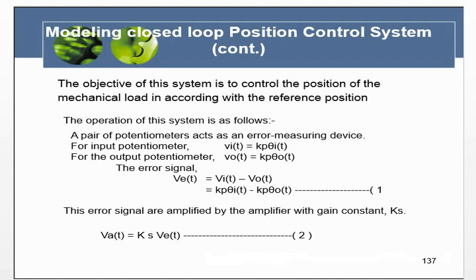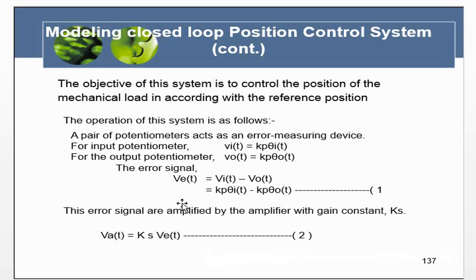A pair of potentiometers acts as an error measuring device. For the input potentiometer, P_IT is equal to K_P theta_IT. For the output potentiometer, P_OT is equal to K_P theta_OT. This is P_IT and P_OT, that is the voltage, and theta is the position.